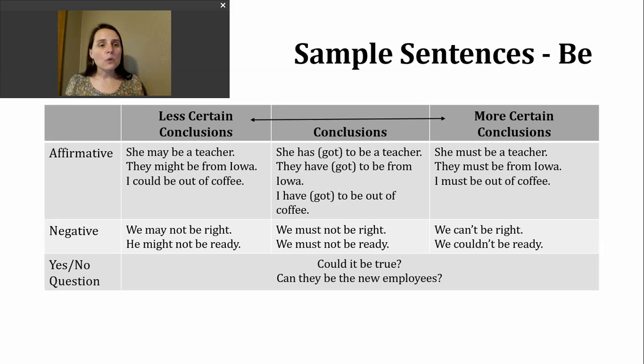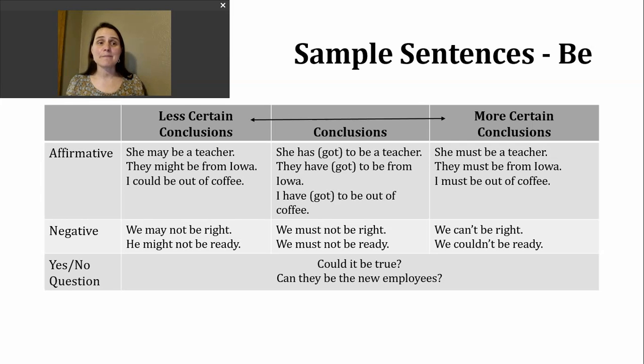Okay. Now we're going to get a little more confident, a little more certain. Okay. And what you're going to notice here is now we're going to use must not. Okay. There is not a negative form of have to be or have got to be. So we're using must. We must not be right.